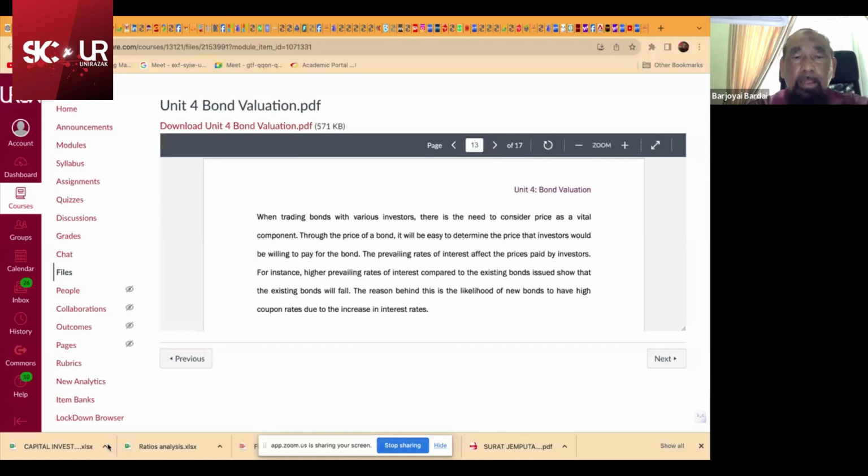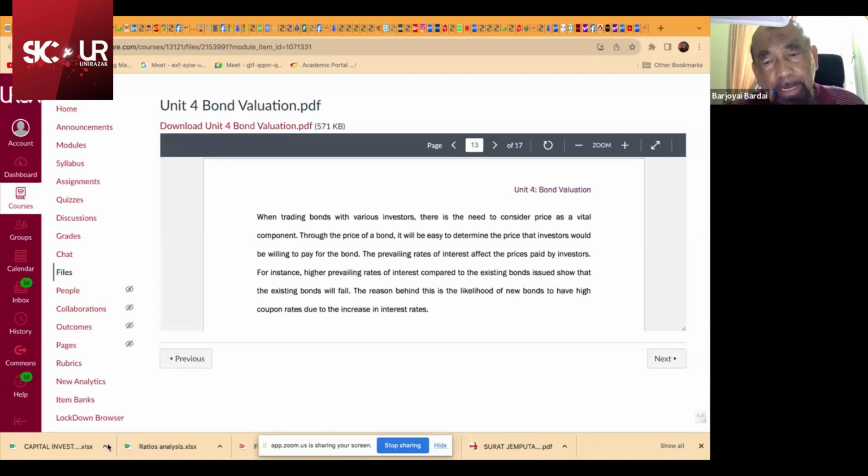A little bit more. When trading bond with various investors, there is the need to consider the price as a vital component, and through the price of a bond, it will be easy to determine the price that the investors would be willing to pay for the bond. The prevailing rates of interest will affect the price paid by investors. So for instance, higher prevailing rates of interest compared to the existing bond issued show that the existing bond will fall.